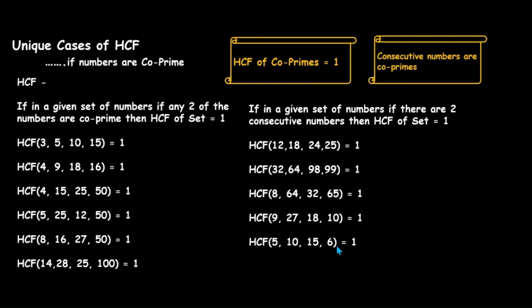And here 5 and 6 are consecutive numbers and co-primes, so HCF of the entire set is going to be 1. In general, if we encounter a series of consecutive numbers, their HCF is always going to be 1, as if you take any two pairs, they are going to be consecutive numbers and co-primes. So HCF of the entire set is going to be 1.